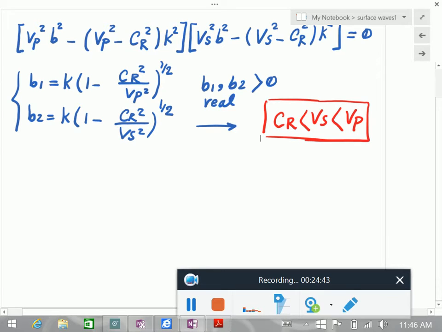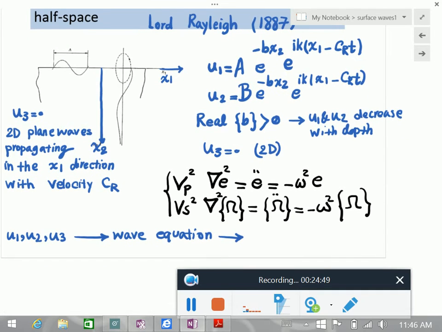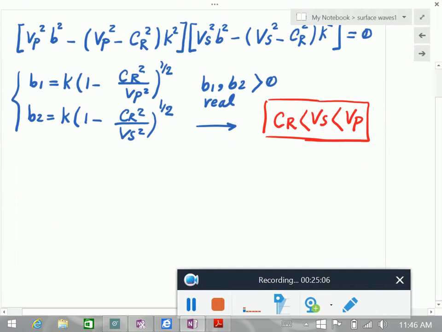If we want a non-trivial answer, that means an answer where A and B are not both 0. A trivial answer is 0 equal to 0. But if we say that A and B cannot be together equal to 0, normally you have to say that a determinant is 0, and then that's the expression you get.